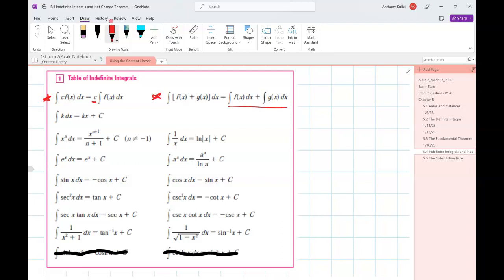Everything else after that is just our antiderivative rule written in the form of an integral. So these are the same antiderivative rules from chapter 4 that you hopefully still have memorized, which is lovely, right? I love when we repackage something I already have memorized as something new, because it's nothing new to do.